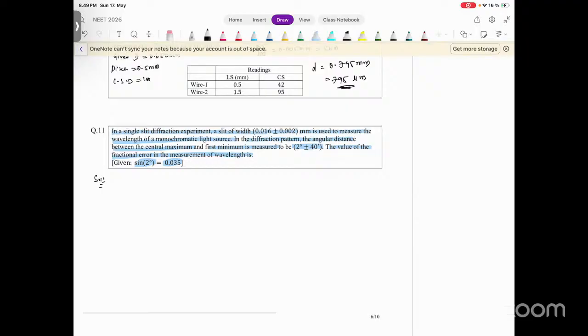For single slit diffraction, you know the formula: a sine theta equals lambda. In terms of error, delta lambda divided by lambda equals delta a divided by a plus delta sine theta divided by sine theta.